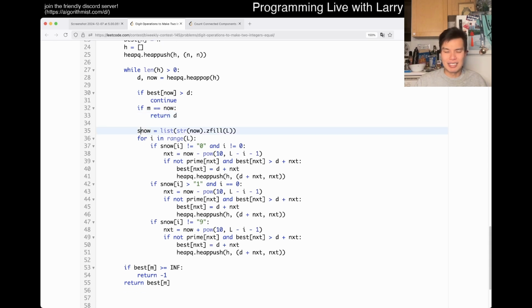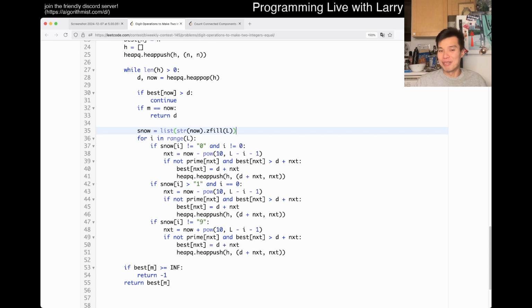And then S is the string version of the now, which also spells snow, but it's now for me. I just fill it with leading zeros, which I guess you don't have to do anymore, because I didn't know whether you could or could not have leading zeros, so I intentionally filled it with leading zeros.